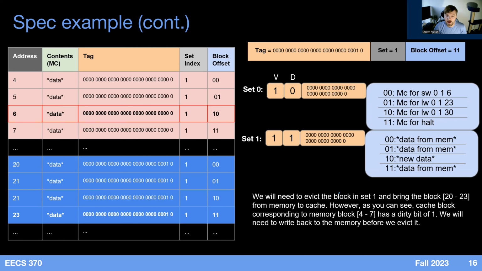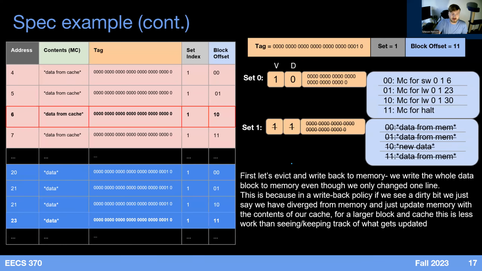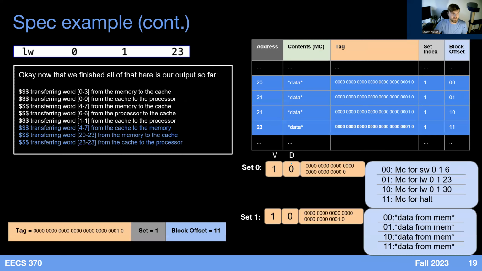And that is because our dirty bit is allocated on a block size granularity. We're not tracking dirtiness per word within a block. We are just tracking if the entire block is dirty. So that means that we will write back the entire block to memory. And so our next print action, I'll skip ahead for a second, will be transferring 4 through 7 from the cache to the memory. So this is a dirty eviction.